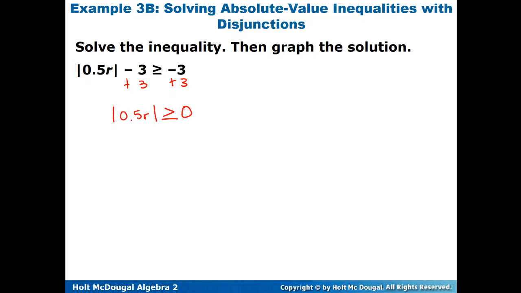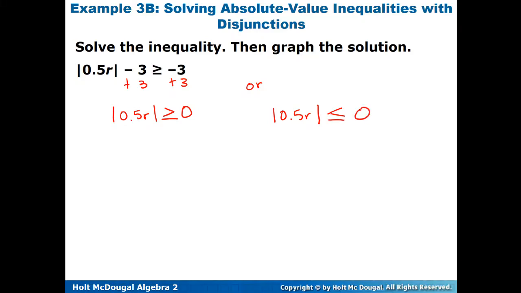When we see the word greater, we're going to use an or statement. And this one is going to be the absolute value of 0.5 times r is less than or equal to 0.